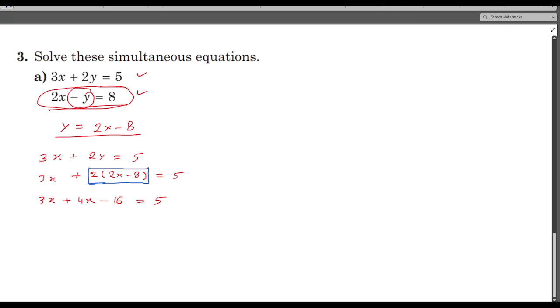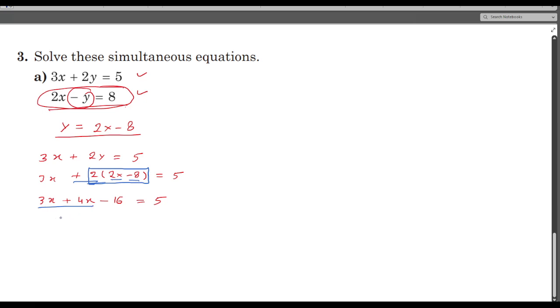Here we applied the distribution property. The plus 2 is multiplied by 2x, and also by minus 8. This is your distribution property. I hope everyone knows it.